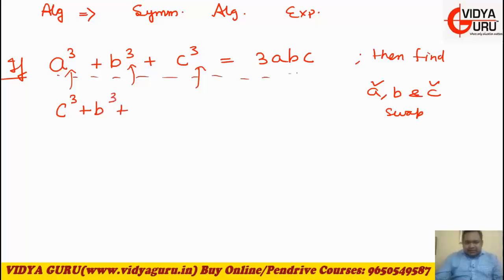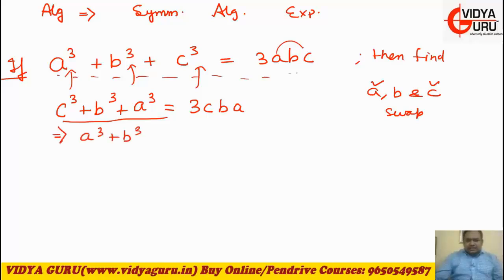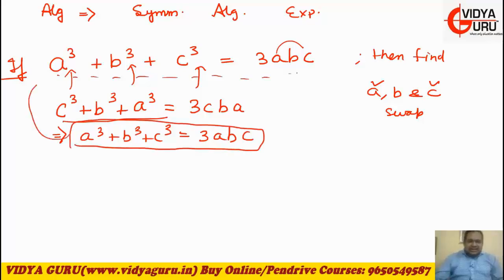Instead of C cube, I write A cube, equal to 3 into swap A with C, so 3CBA. If you rearrange this, A cube plus B cube plus C cube is equal to 3ABC. So even after swapping, the original expression did not change.